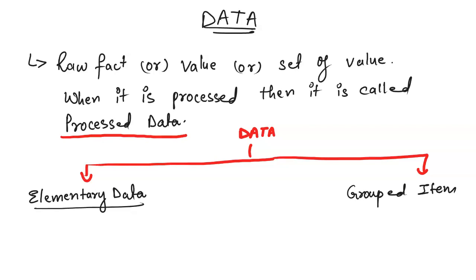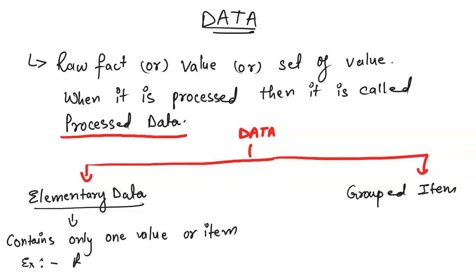It contains only one value or item. For example, let us take the example of the roll number. Roll number is elementary data because it only contains one value or item.